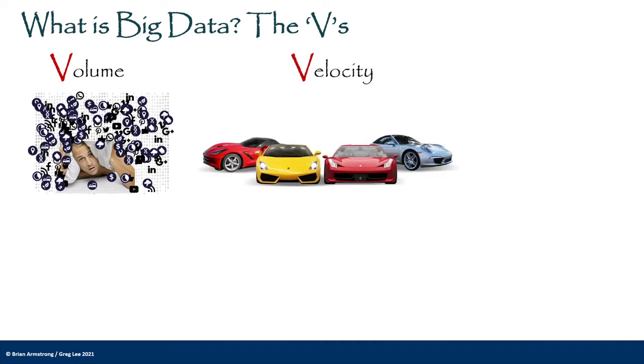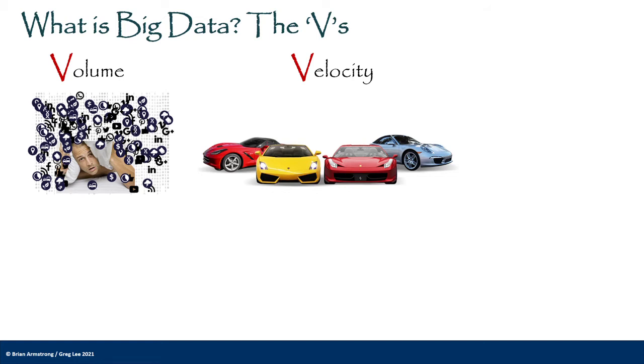So the second is velocity. And velocity actually is speaking to data that is potentially produced very rapidly, very fast, but more importantly, that you actually have to analyze very fast. So this can be actually very small packets of data. It doesn't have to be high volume data.